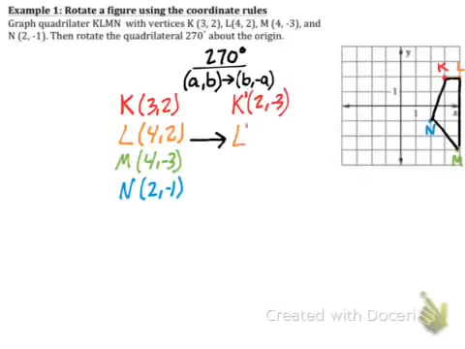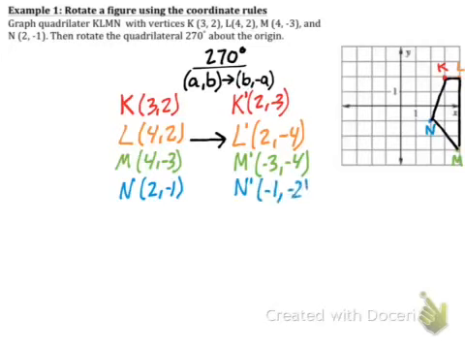L prime will be (2, -4). For M prime, we have (-3, -4). And N prime is (-1, -2). Again, we just switch the positions of the x and y coordinates, and take the opposite of the original x coordinate, and that is the new y coordinate.